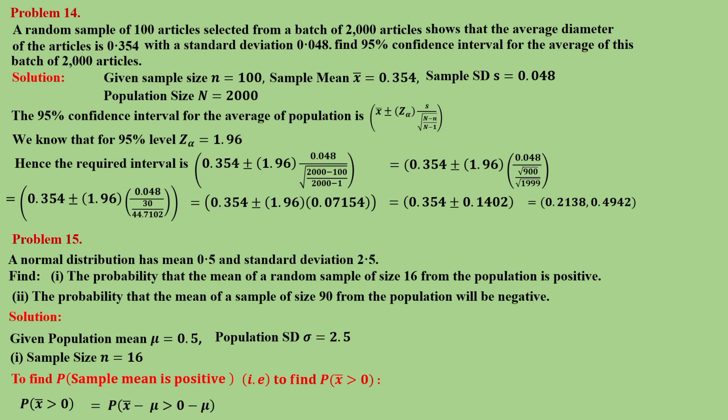That means you subtract the population mean from both sides of the inequality, and divide by the standard error, sigma by root n. Probability of (x bar minus mu) by (sigma by root n) greater than (0 minus mu) by (sigma by root n). We know the test statistic (x bar minus mu) by (sigma by root n) is Z. So probability of Z greater than minus mu by sigma by root n.